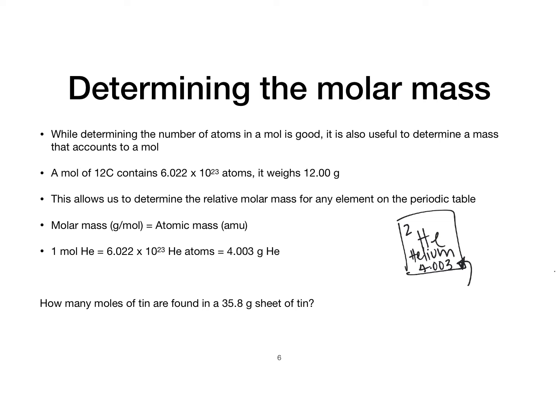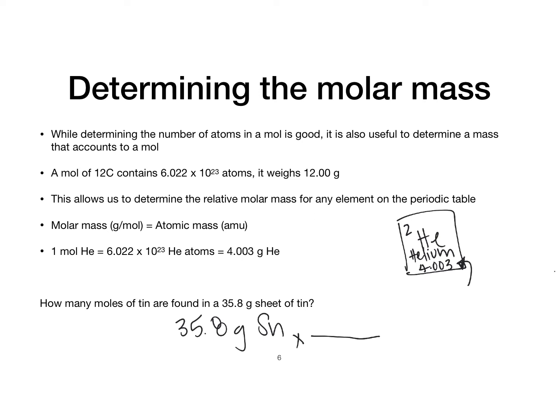So how many moles of tin are found in a 35.8 gram sheet of tin? So tin is a metal. How much do we have? So we're going to take our 35.8 grams of tin, which is Sn, and divide that by the grams found in 1 mole. So we can find tin on the periodic table. It's element 50.